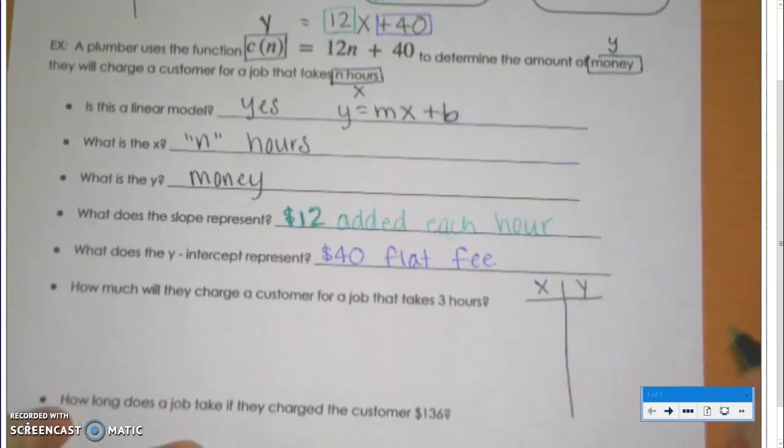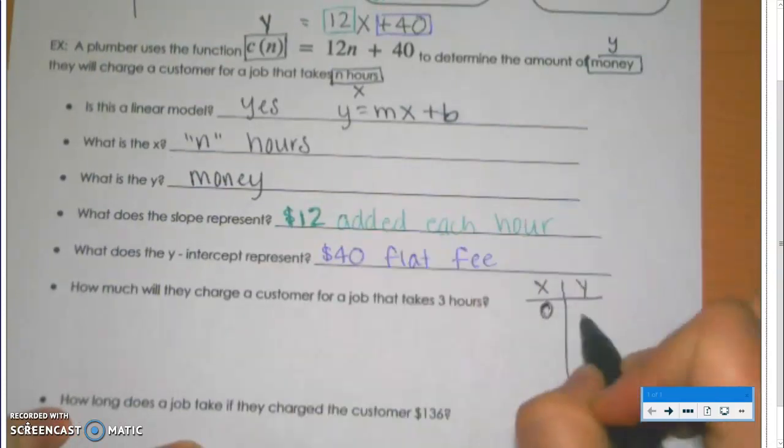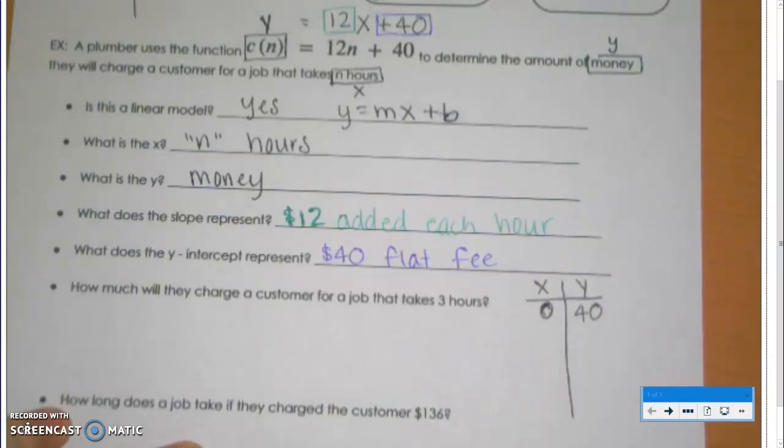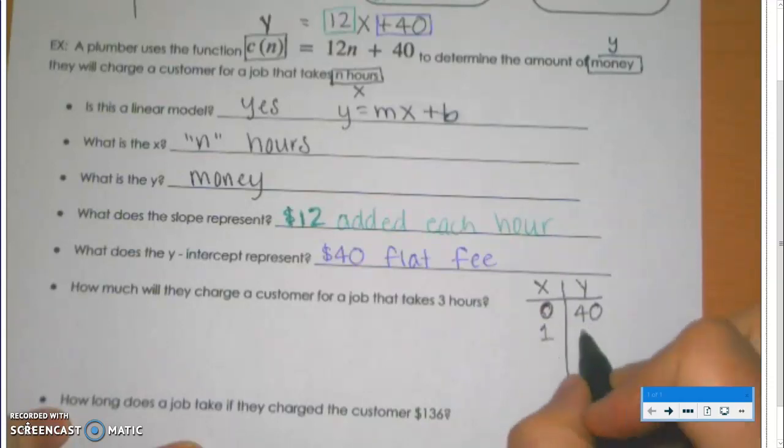If I don't know how to solve equations, remember, solving equations is just one strategy. We can make a table, we can make a pattern, we can make a graph. What this means is at 0 hours, that plumber is charging $40. That's what the y-intercept tells you. The y-intercept is however much is in the y column when the x is 0. And 1 hour is going to be a $12 increase.